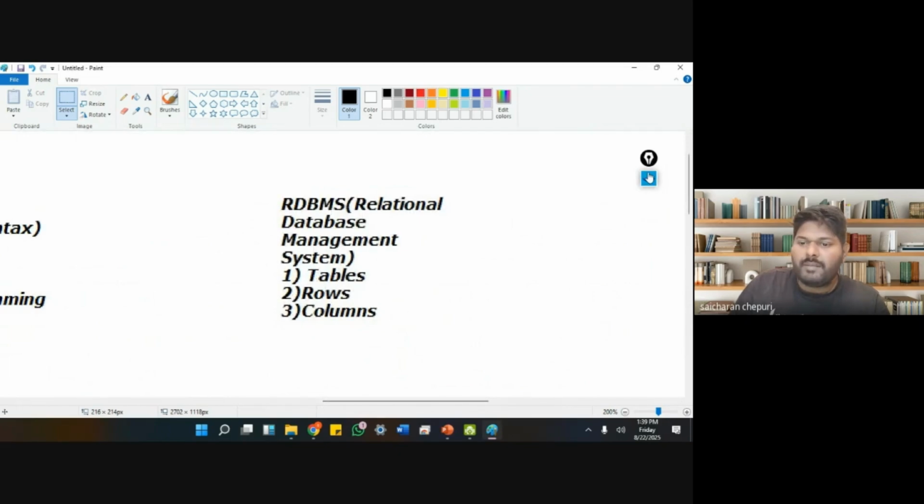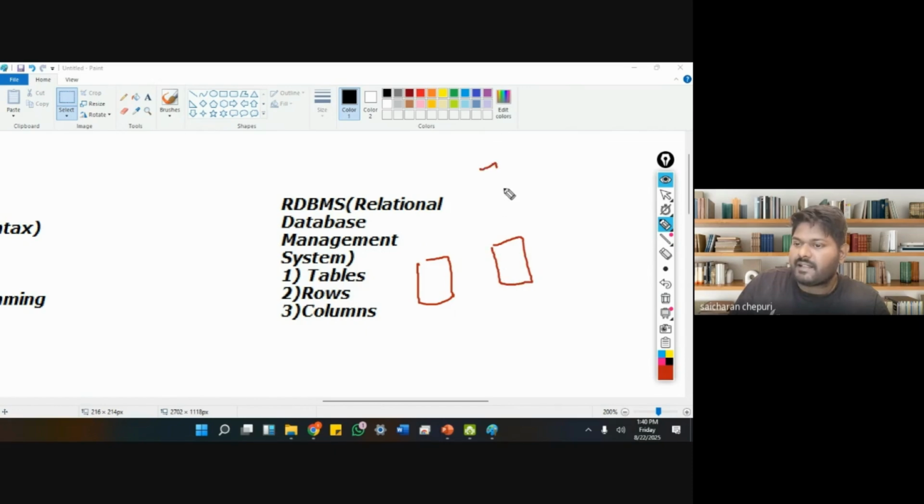So what do I mean by tables, rows, and columns? RDBMS consists of various tables inside a database. So using the concept of RDBMS, we create a database, right?